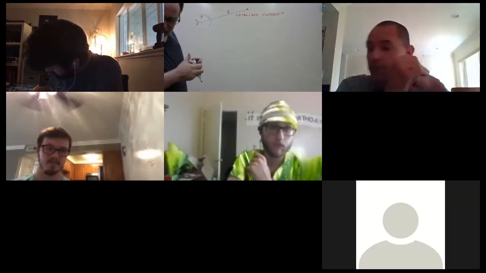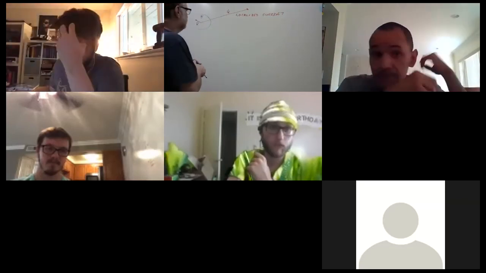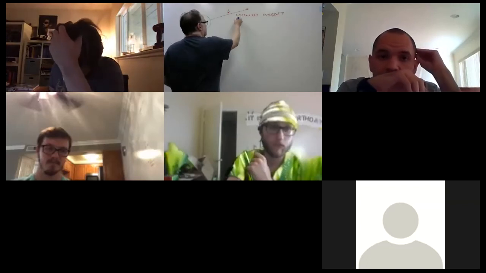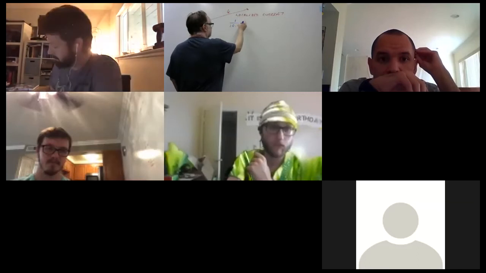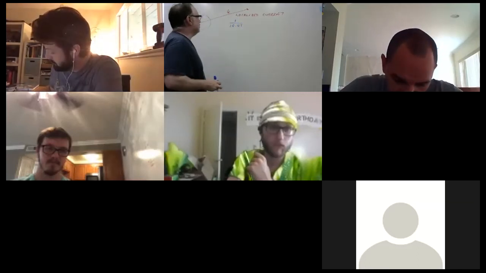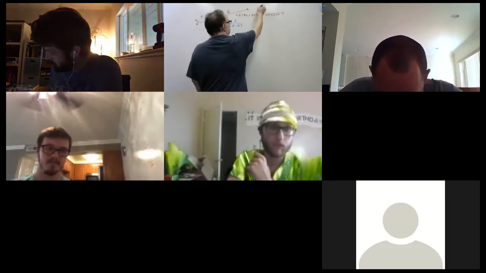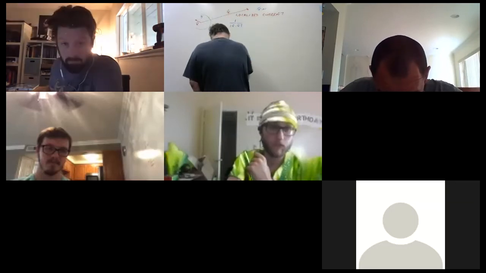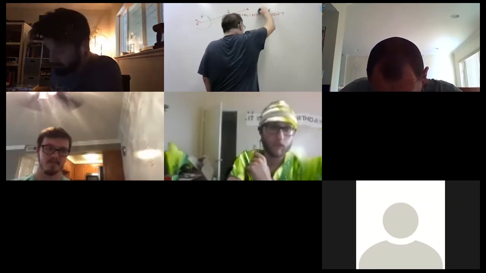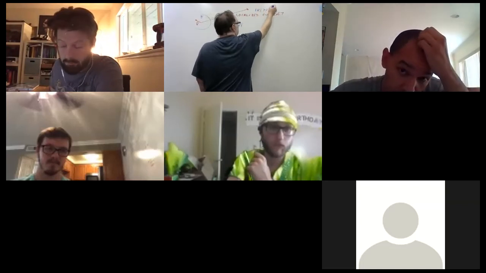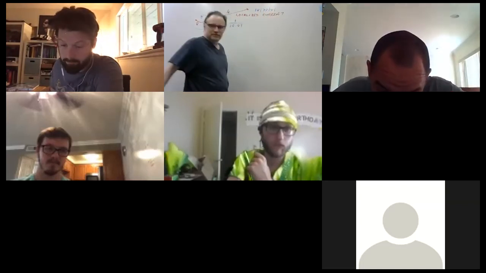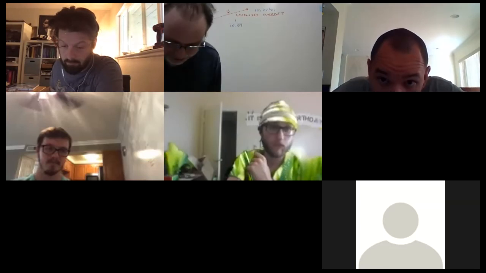So we use the expansion of 1 over the magnitude of x minus x prime, for x much, much bigger than x prime, in other words, in the size of the two vectors.